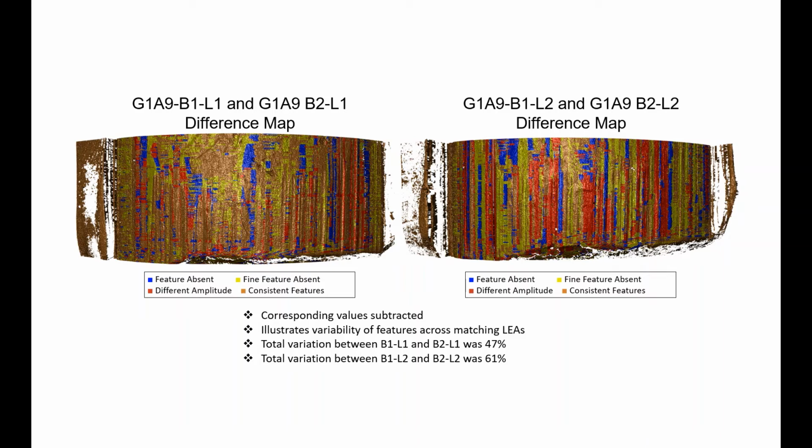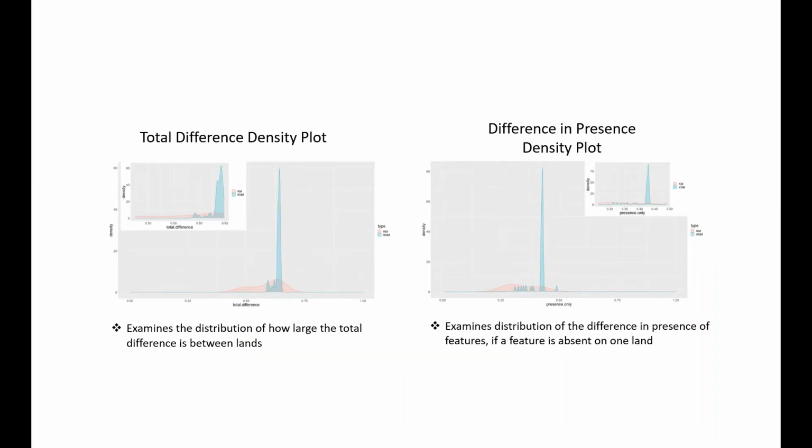As you can see, the bullet that had a little bit more of a correlation with all the colors is almost blank because almost all of the values were able to be subtracted from one another, whereas on the bullets that don't match as well, there is a lot more coloration. We then calculated the percentage of all the differences and plotted them onto a density map, and it was found that there wasn't a significant difference between matching lands and the non-matching land comparisons.